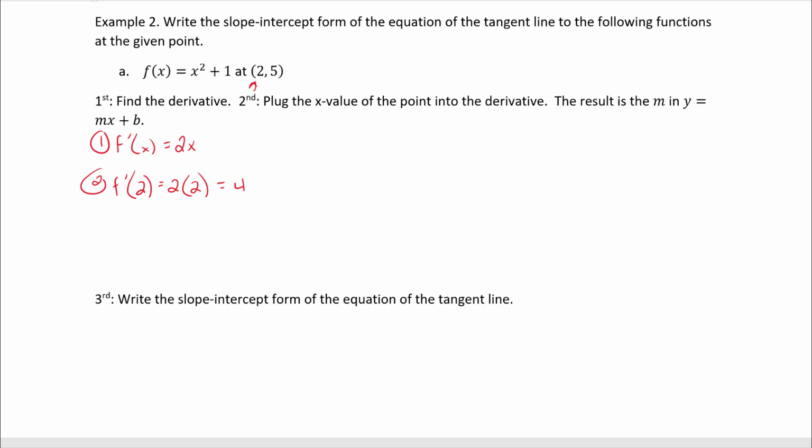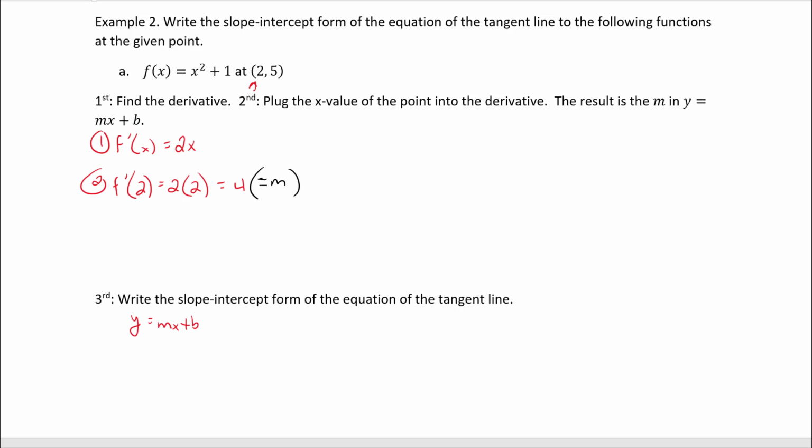Next, we need to write the slope-intercept form of the equation of the line. Remember, slope-intercept is always y equals mx plus b. And we know what our m is. M is 4. But we don't know what b is yet.